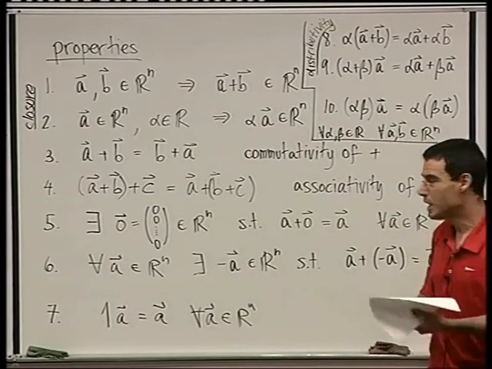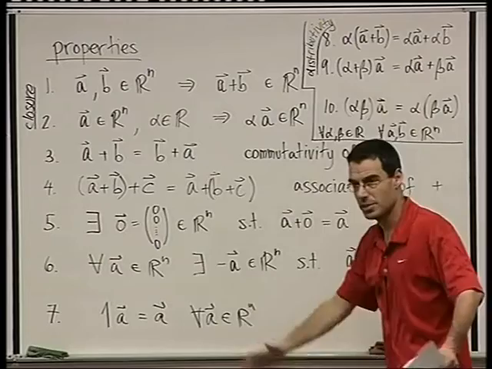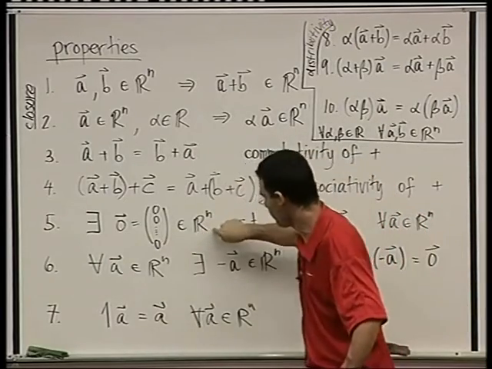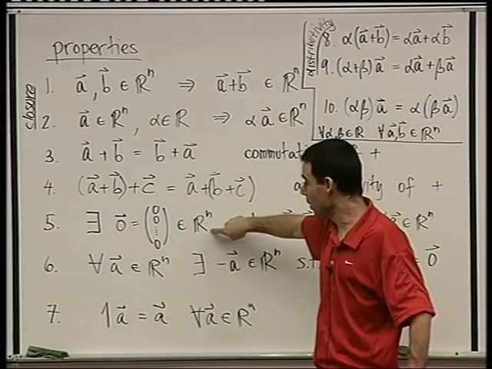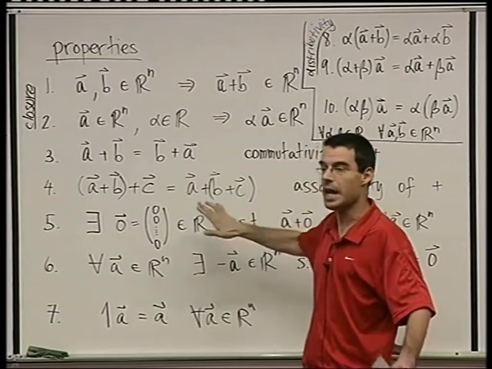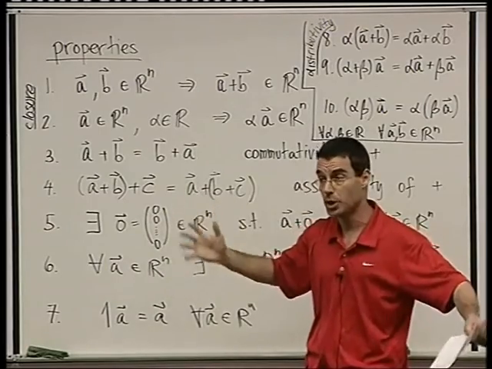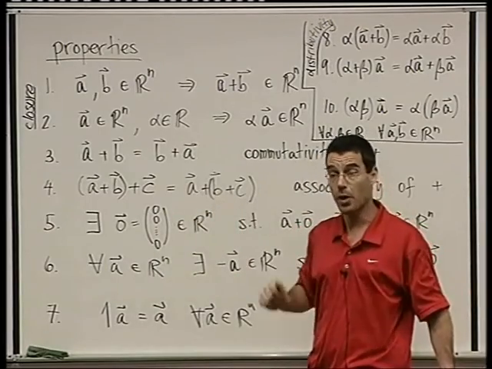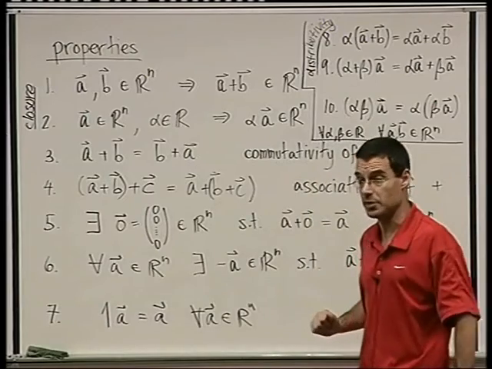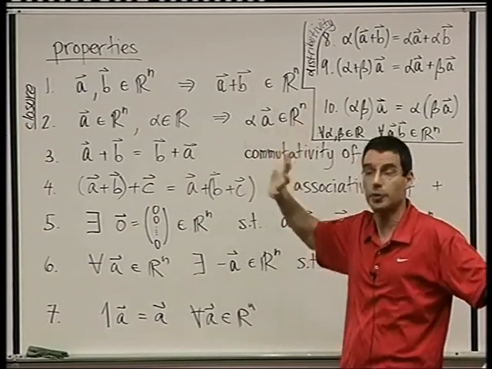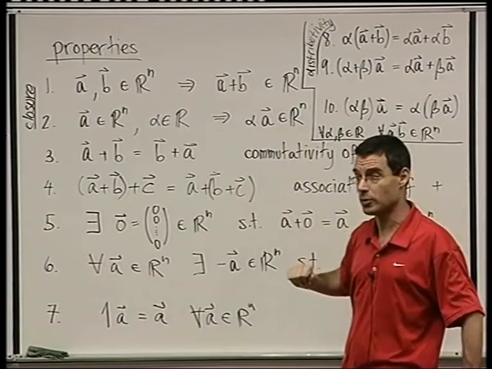So we want to strip these 10 properties from their concrete vector space Rn and say, hey, let's define an abstract notion, a general notion called a vector space, where Rn is just going to be one example of such a thing, and we're going to call it V, capital V, for vector space. And what is a vector space?